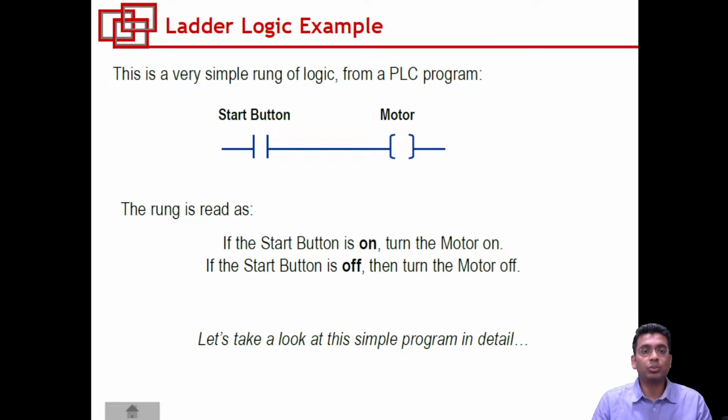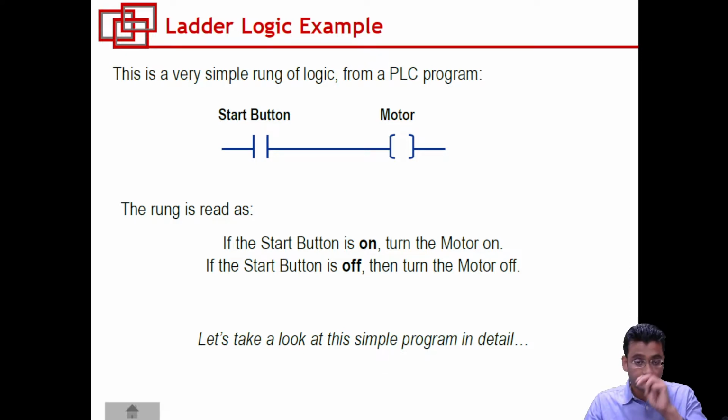So what you see on your screen is a very simple rung of logic from a PLC program. I told you that a ladder logic or ladder diagram is in the form of a ladder in which every part connecting the left and the right line is known as your rung.